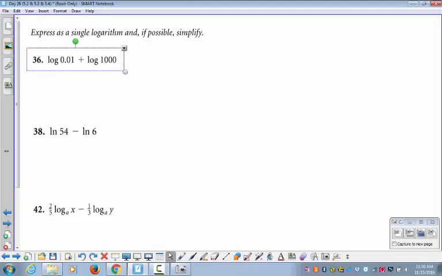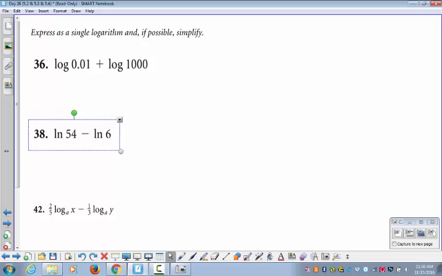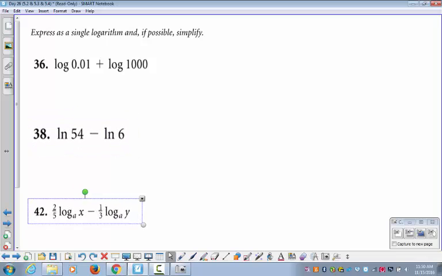All right, you guys try this. 36. So write it as a single logarithm, and if possible, simplify it. What's that?